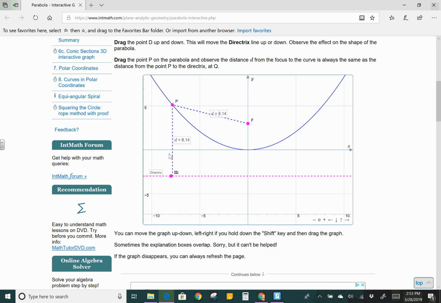The distance from the point to the directrix is 8.14. As I drag this point around, you should see that the distance is not changing, because this is the set of all points. When I find all those points that are equidistant from the focus and the directrix, all of those points make this shape, which is called our parabola.